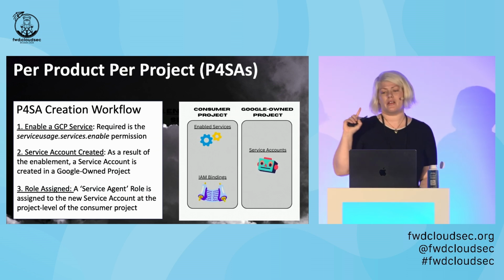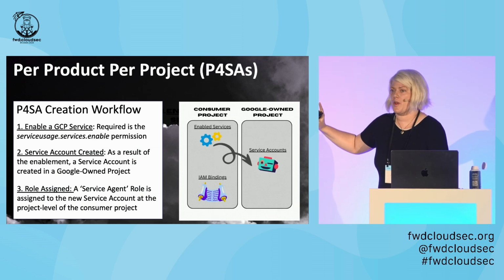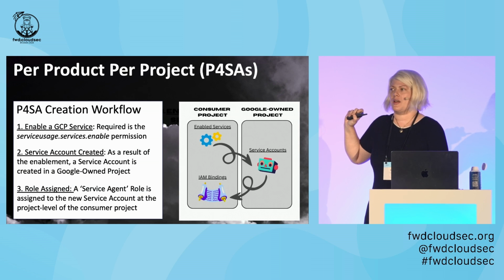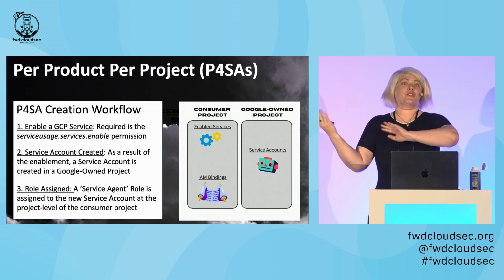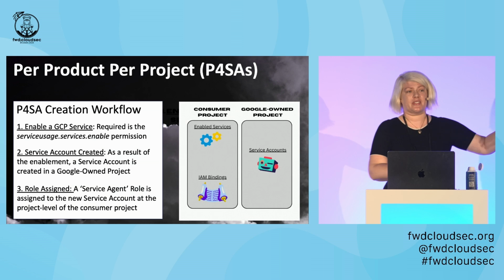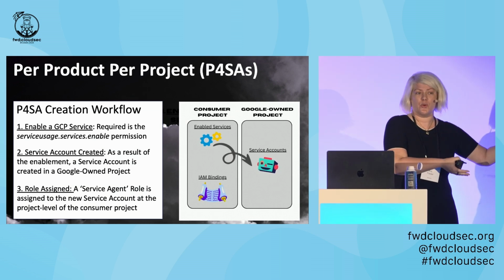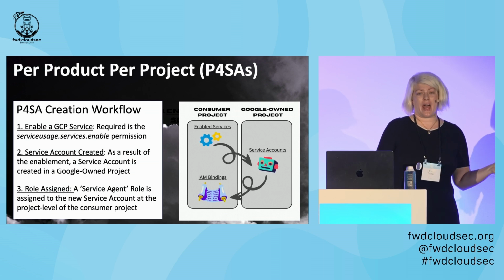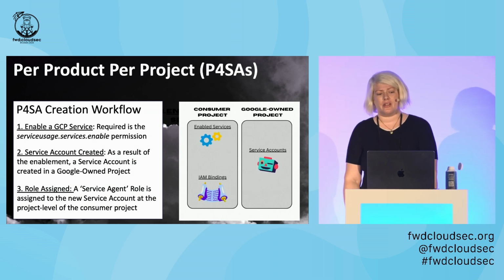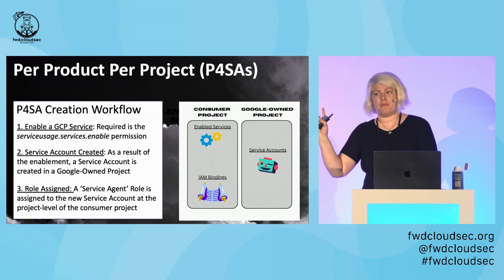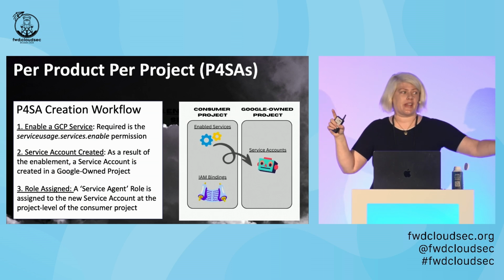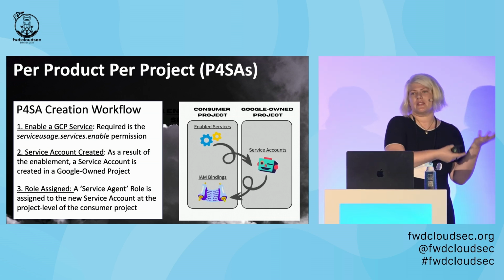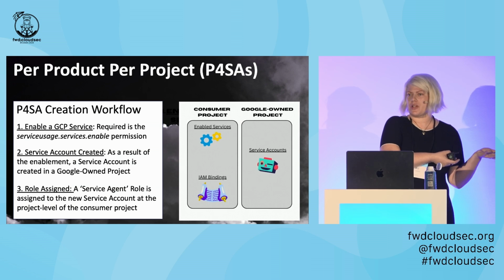So step one, a user enables a service with a service usage permission. In response to that, a service account is created in a Google-owned project. Now, if all that ever happened was service enablement and then service account creation, we would never know about these guys because we don't have visibility into a Google-owned project.